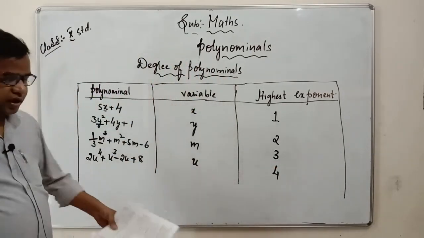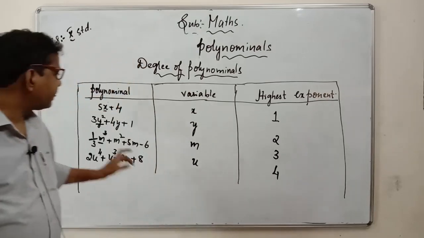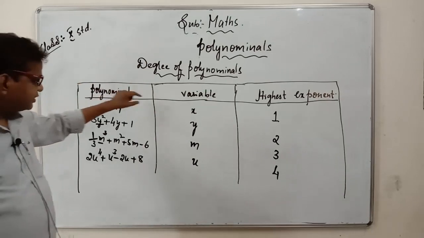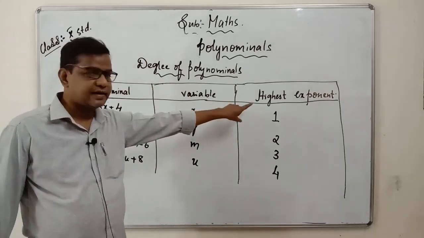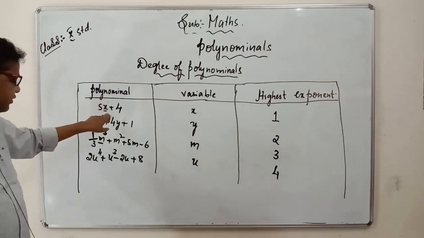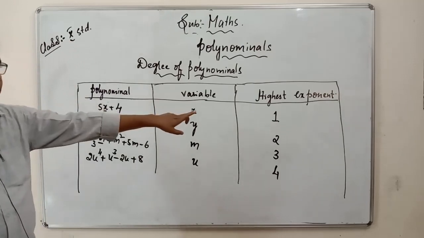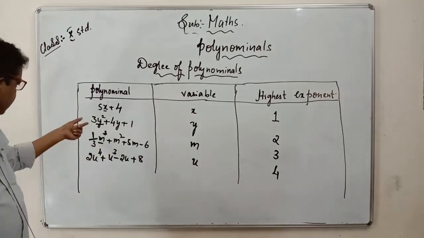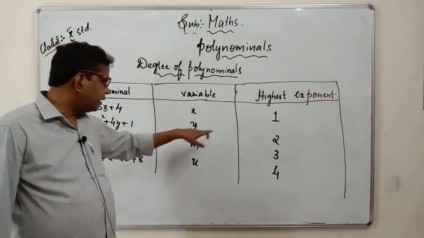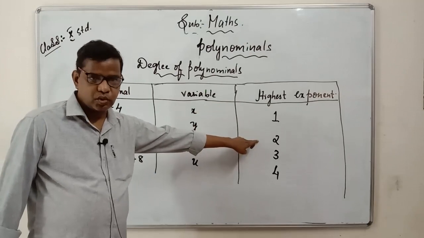Now observe carefully here. I told you already, this is a polynomial. Got it? It has a variable, and it has a highest exponent. In this polynomial we have x as a variable, and the highest exponent is 1. In the second, y is the variable, and the highest exponent is 2.